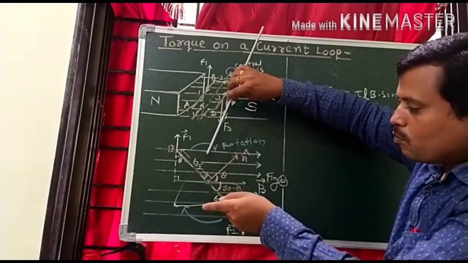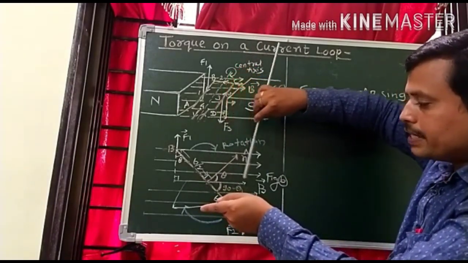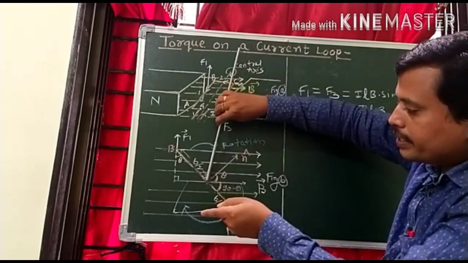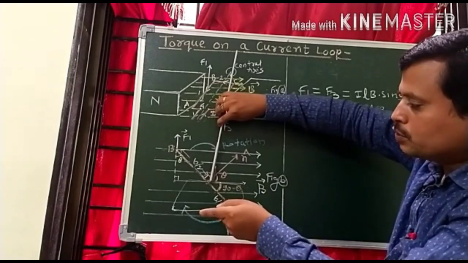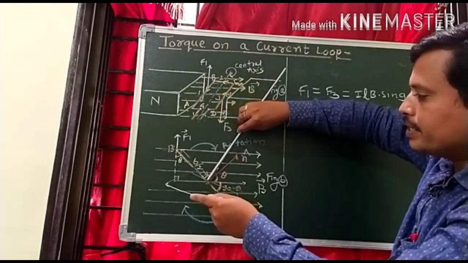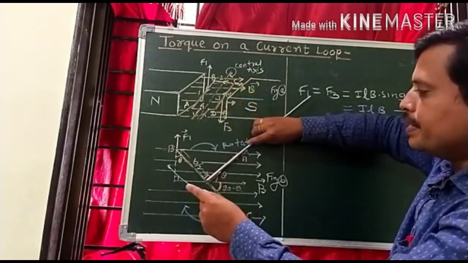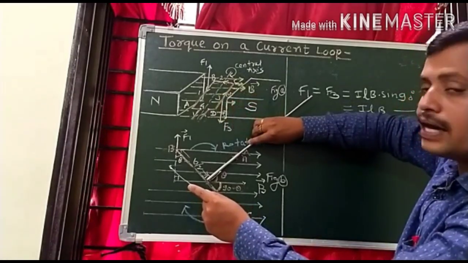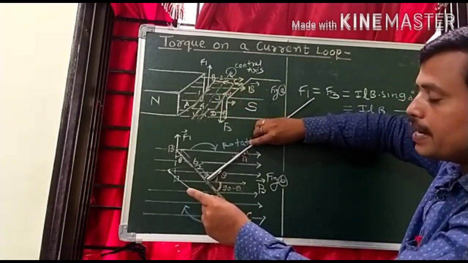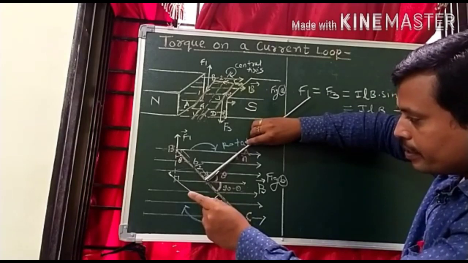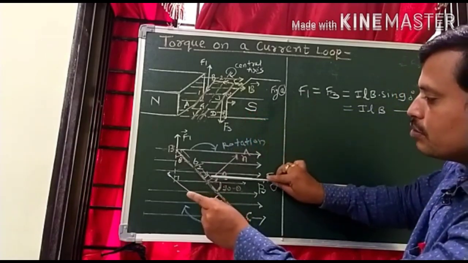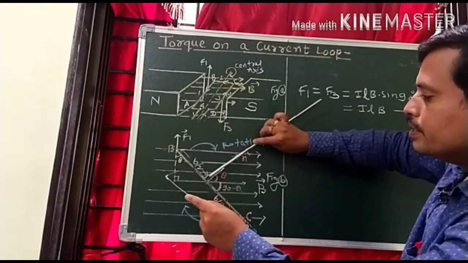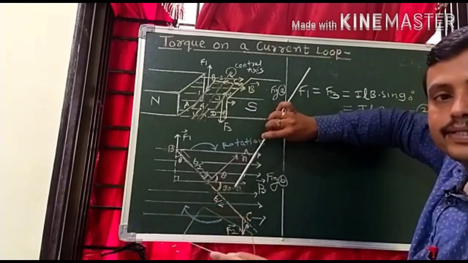Initially the plane of the coil was parallel to the direction of magnetic field and the area vector was like this. Now when the coil is rotated, the area vector n cap has made the angle theta with the direction of magnetic field, and therefore the angle between the side BC and the direction of magnetic field B is nothing but 90 minus theta.